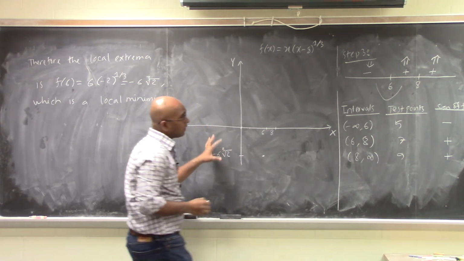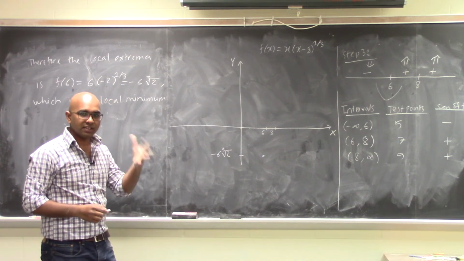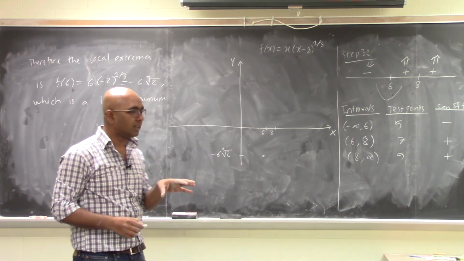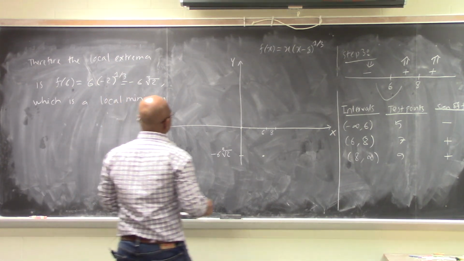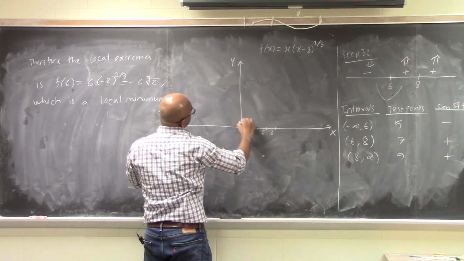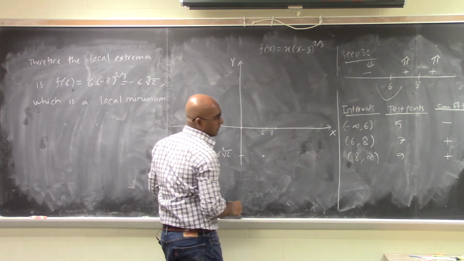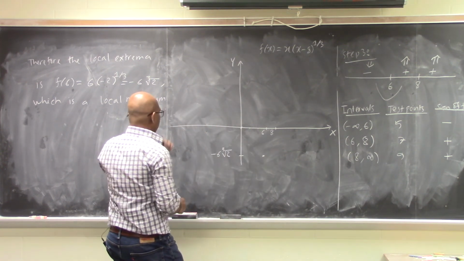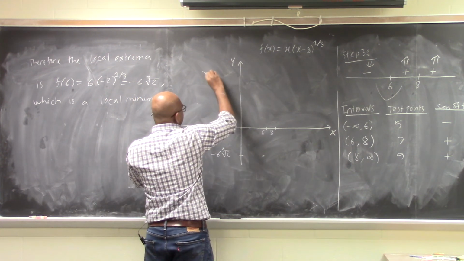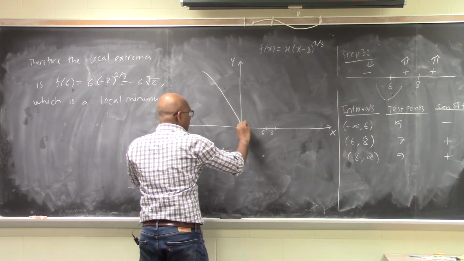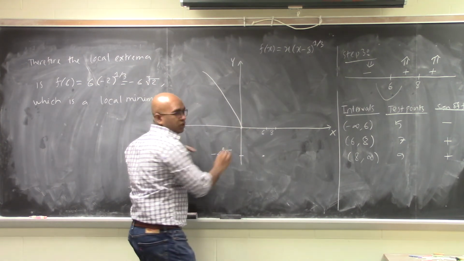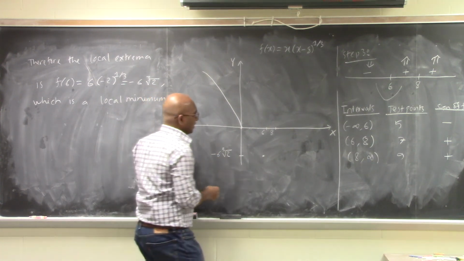So actually this is a very good point to advertise the next topic. The next topic is concavity, and that actually will tell us whether this looks like this or it looks like that. I need to calculate the second derivative, but I don't know anything right now, so let's take a guess. After all, I'm not sketching the graph here, I'm just showing you what possible things we can get.